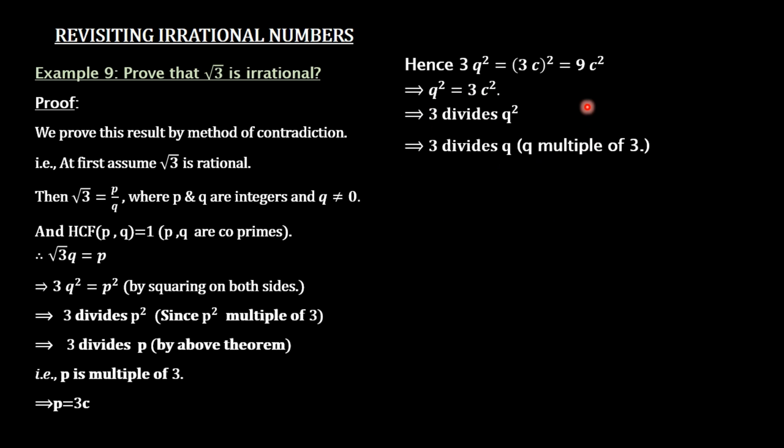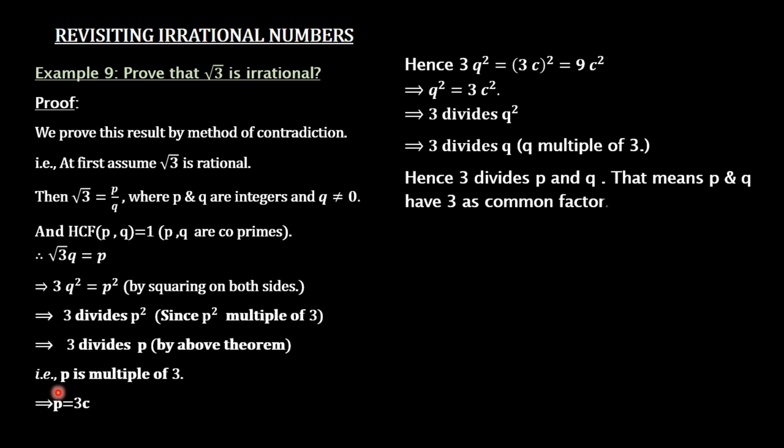If 3 divides Q and 3 divides P, then what can we conclude? P and Q have a common factor, that is 3. If P and Q have a common factor which is 3, then our assumption is wrong. Why?